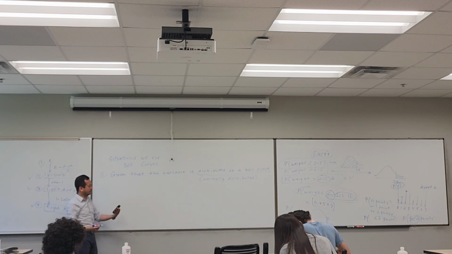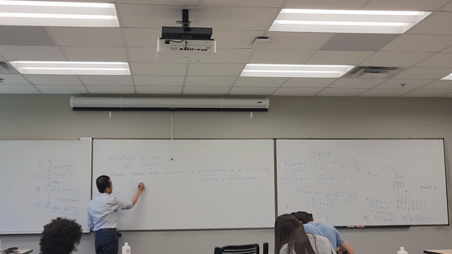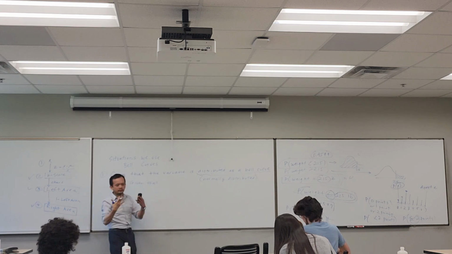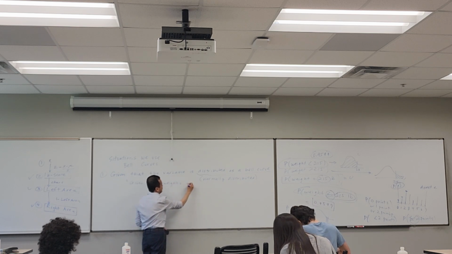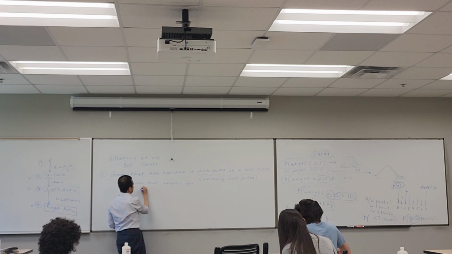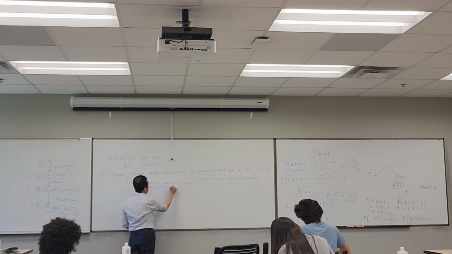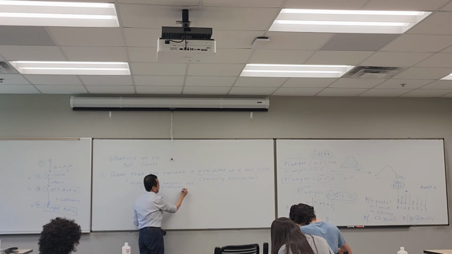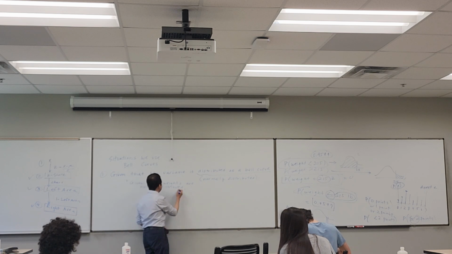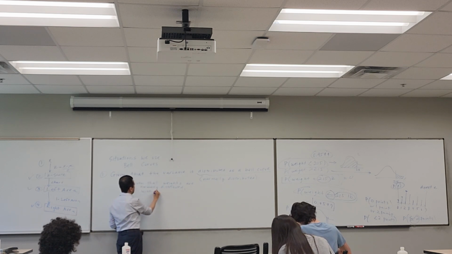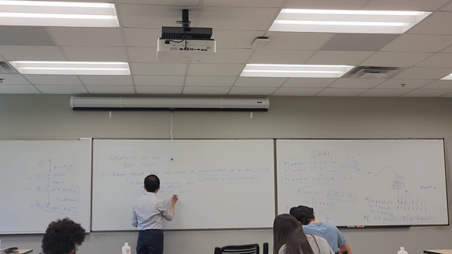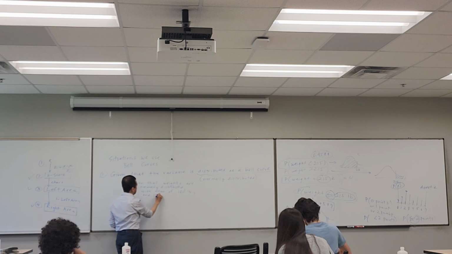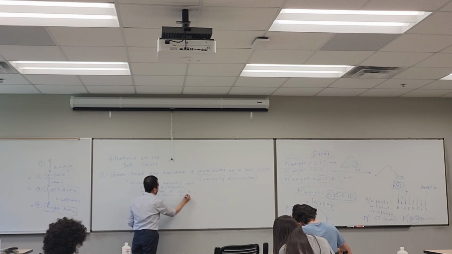So an example question again might be, given that weights are normally distributed, with a given mean and standard deviation, so let's say with mean of 180, and standard deviation 20 pounds.